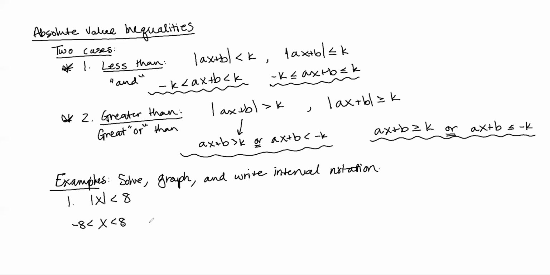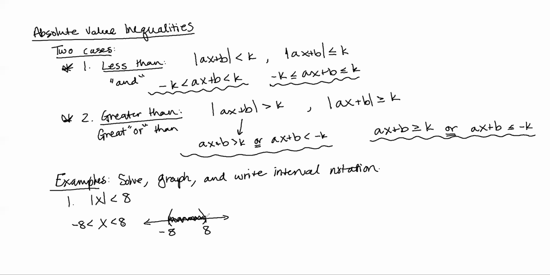So remember, for the graph for these, we have the number line. We're going to put -8 and 8, parentheses or brackets. We're going to use parentheses because they're less than, not less than or equal to. And we're going to shade in between because it's between -8 and 8.